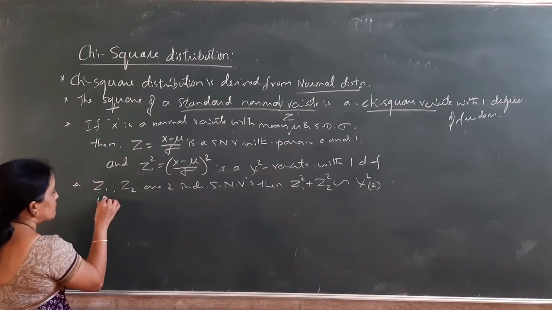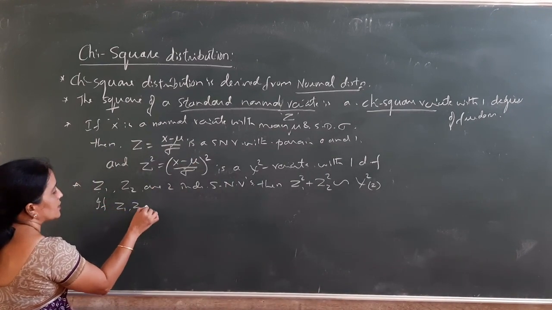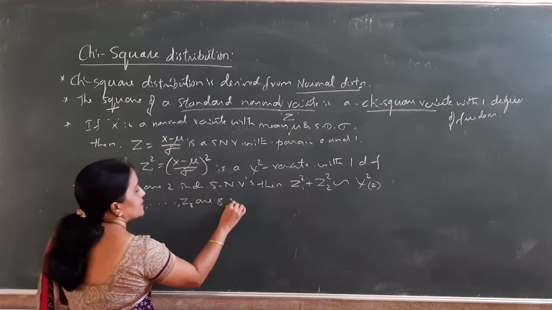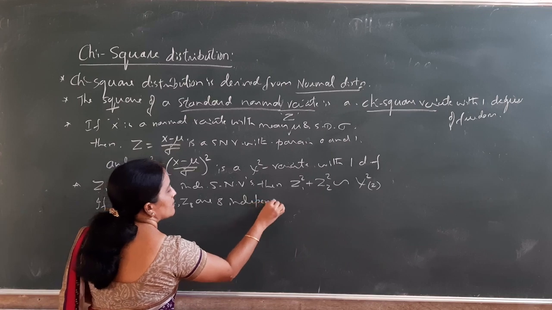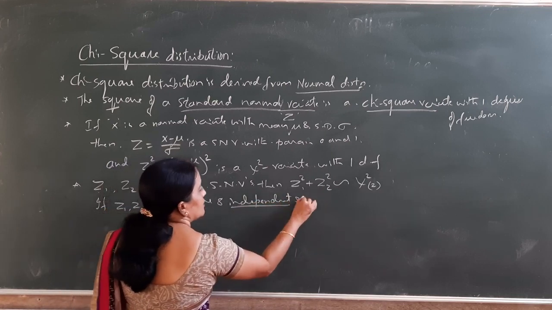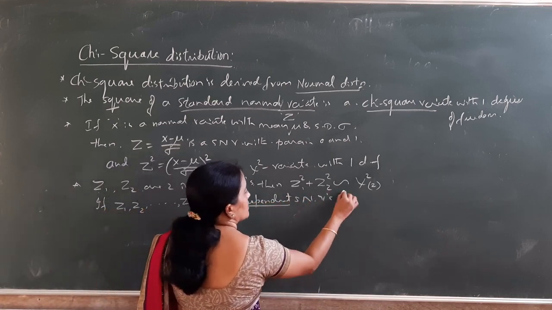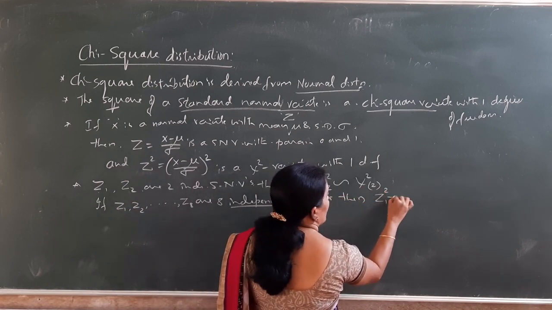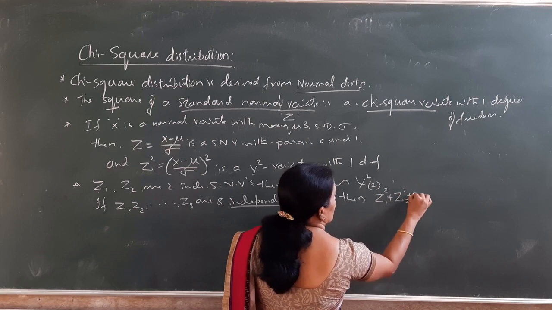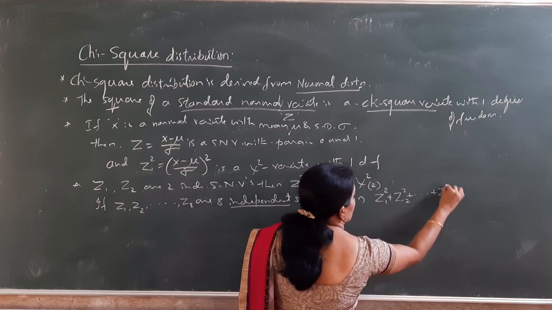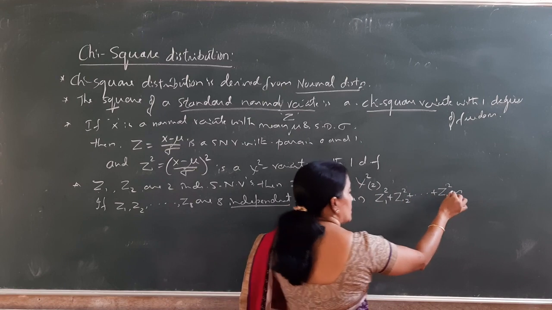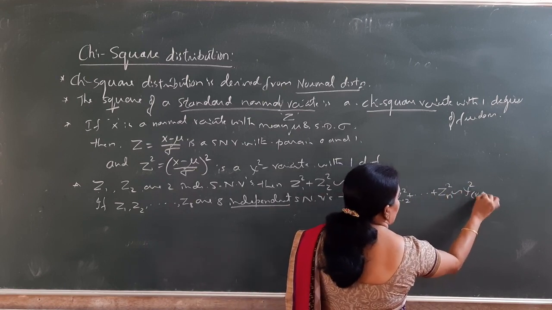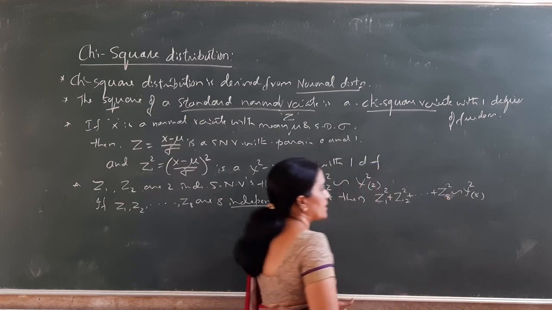Similarly, if Z1, Z2, so on up to Z8 are 8 independent standard normal variates, then the distribution of Z1 square plus Z2 square plus so on plus Z8 square is a chi-square with 8 degrees of freedom.